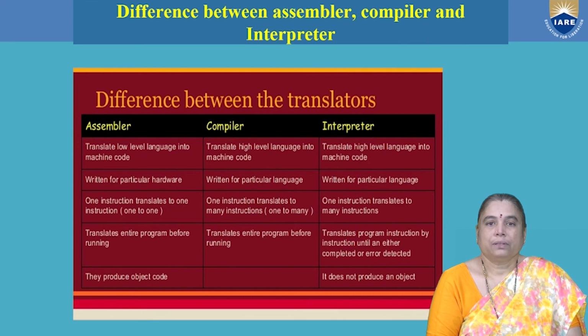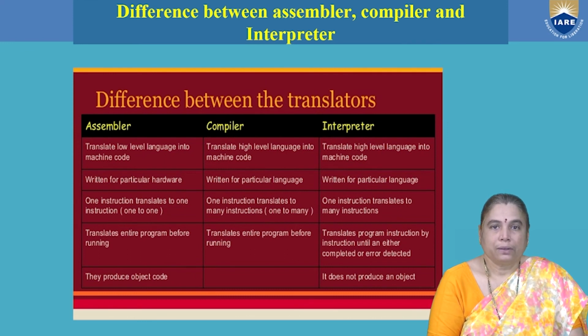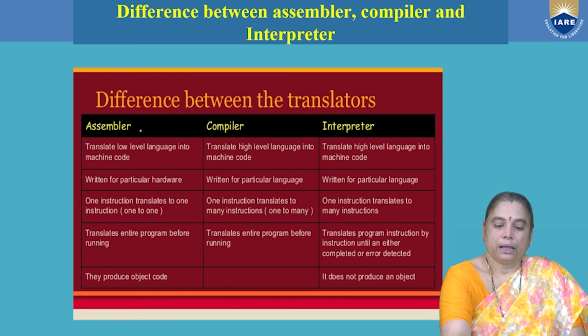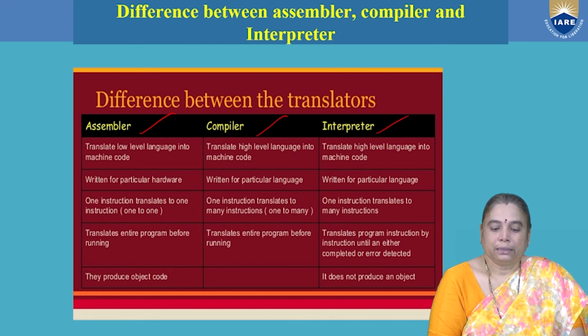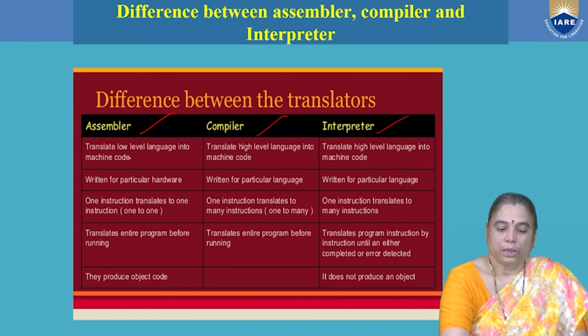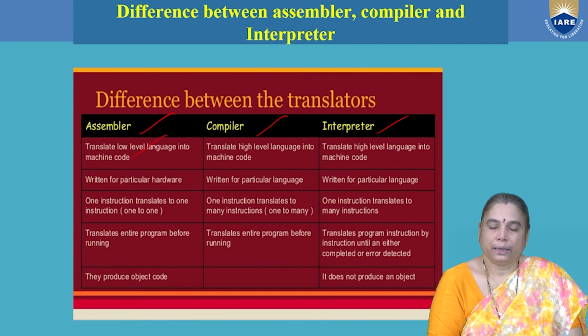So, what are the differences between various translators? The translators that are available are assembler, compiler and interpreter. The assembler takes the assembly language, a low level language, and converts it into machine code.